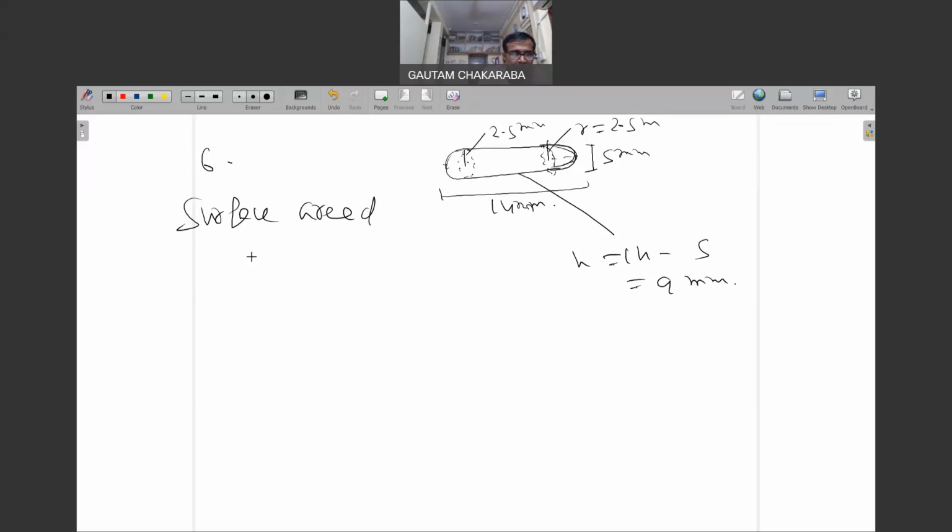Surface area of medicine is CSA of cylinder plus 2 times CSA of hemisphere.